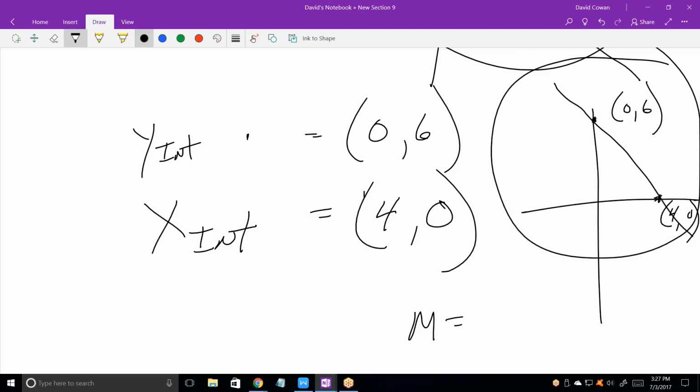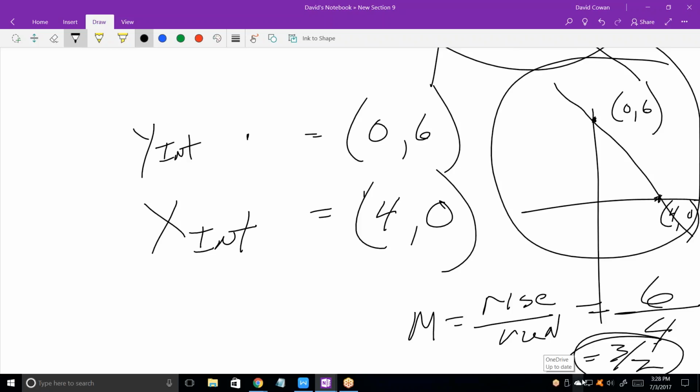So if slope is rise over run, what's the rise here? 6. What's the run? 4. So the slope is 3 halves. But something's wrong. That's not a positive slope. So what should the sign on my slope be?